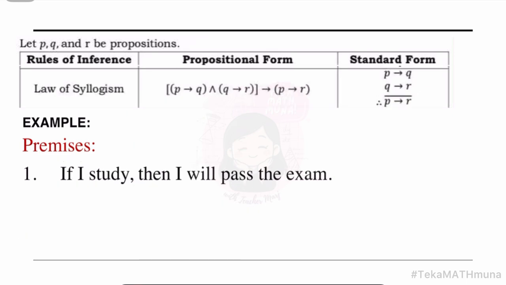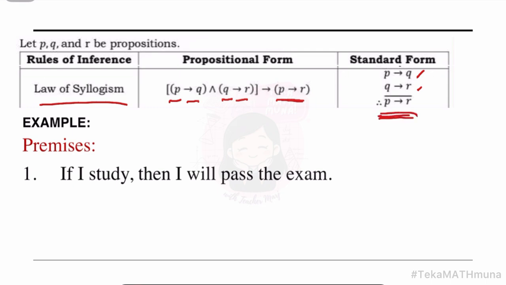Next, the law of syllogism. The law of syllogism allows us to chain conditional statements. It says that if P then Q, and Q then R, then we can conclude that P implies R. In symbols, we use this one.